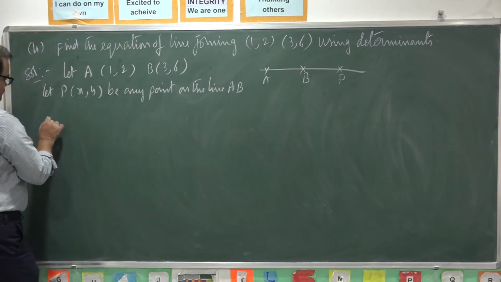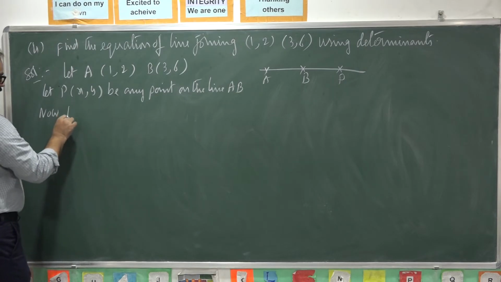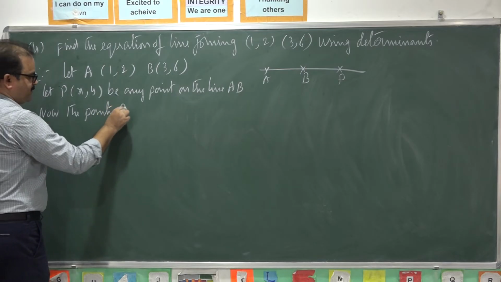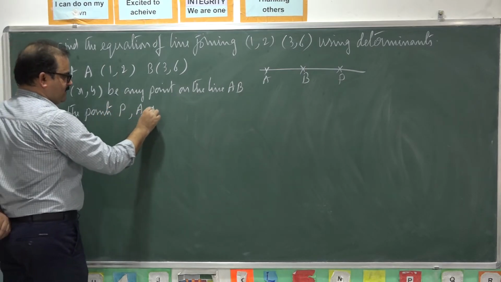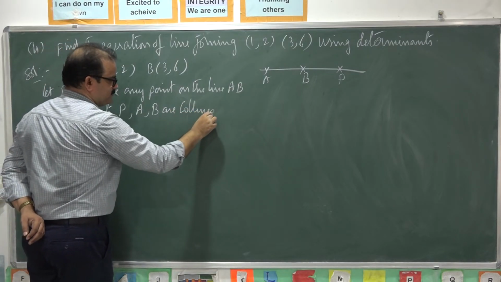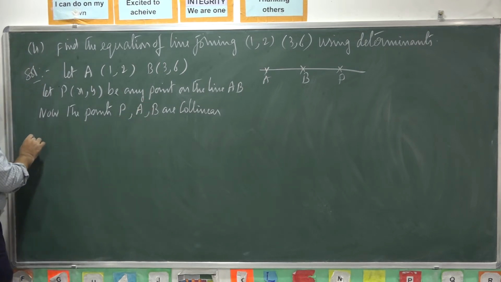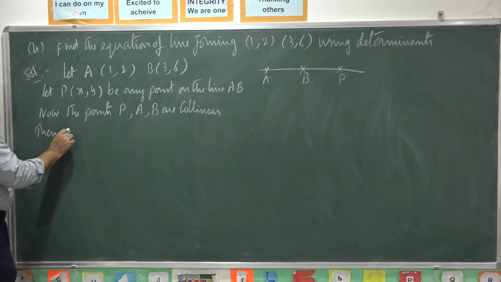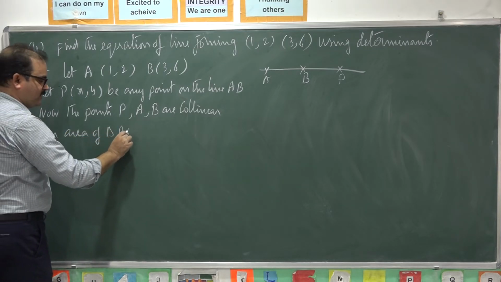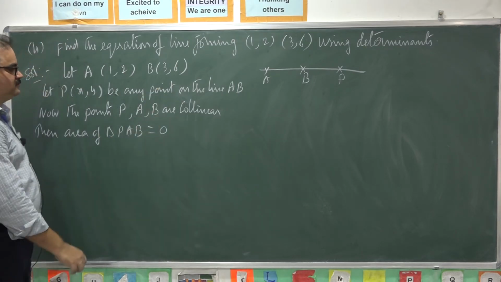Now the points P, A, B are collinear. If 3 points are collinear, then the area of the triangle formed by those points PAB is equal to 0.